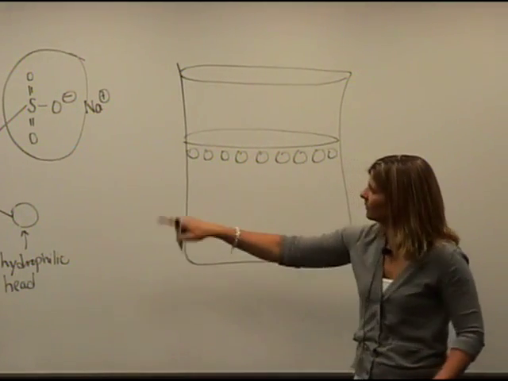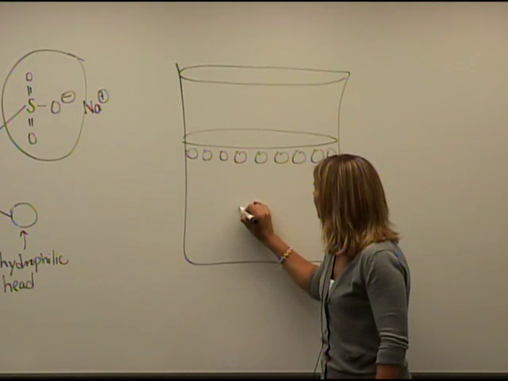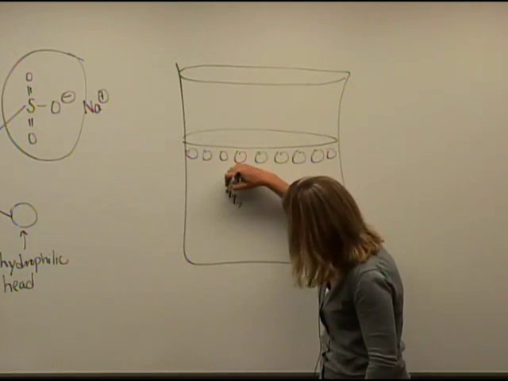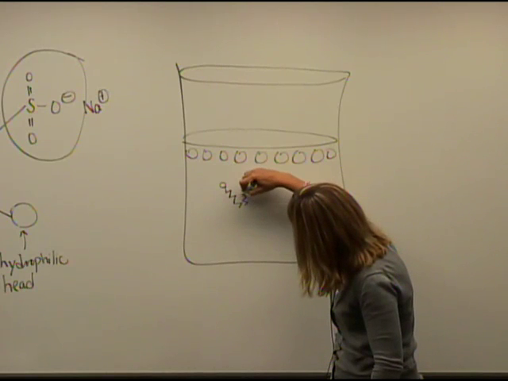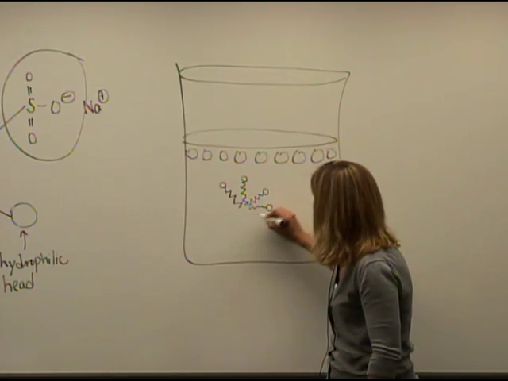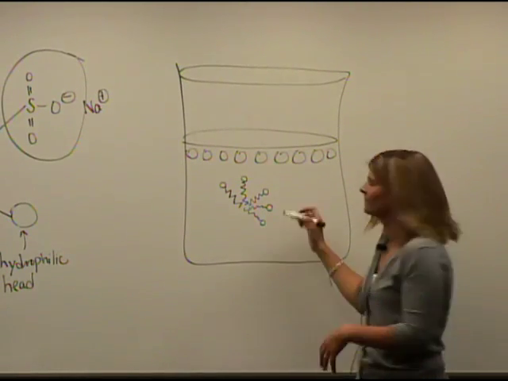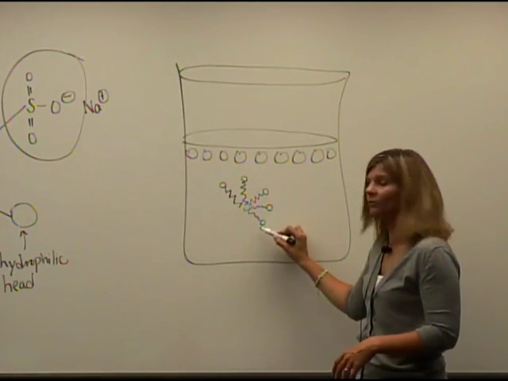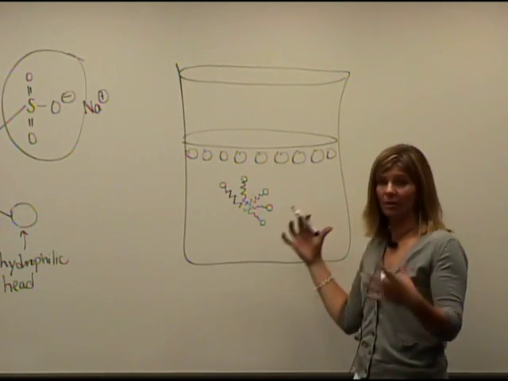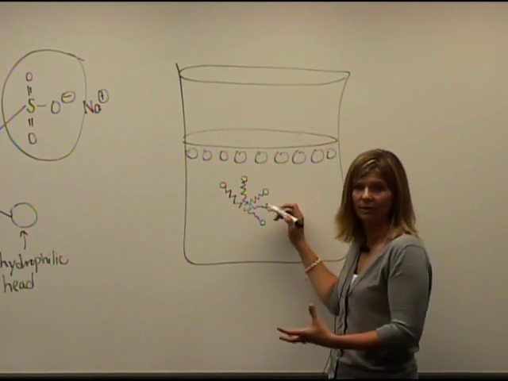I dump in some of my Tide because I want to wash something. And if I put those molecules into the water, they will actually form what we call micelles. I like to think about it like they're circling the wagons. All of these hydrophilic heads like to interact with the water, but these tails are oily and they want to avoid the water.